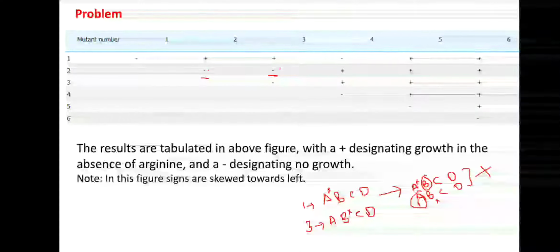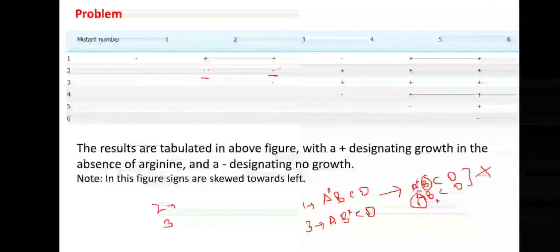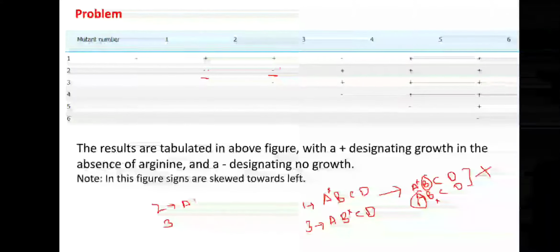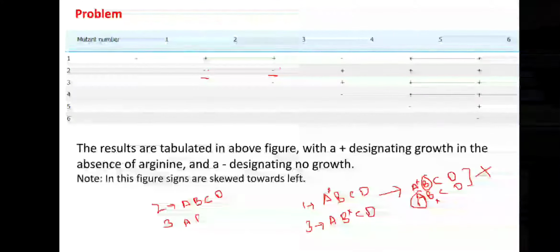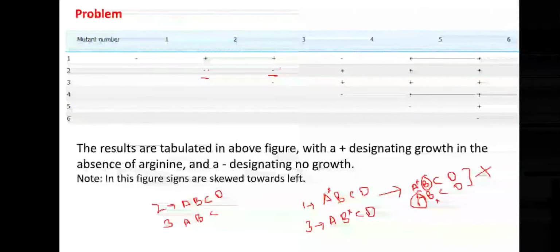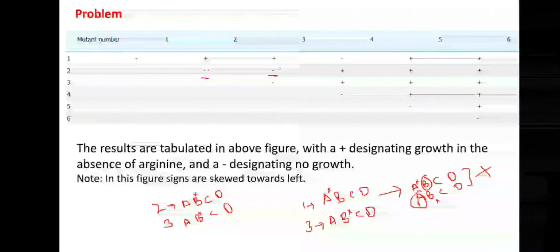So I'm taking a fresh example here, the second number mutant and third number mutant. What I'm trying to say is that A, B, C, D, and A, B, C, D. Now in both the mutants, the mutation is in B in the second number mutant, and the mutation also is in B in the third number mutant.